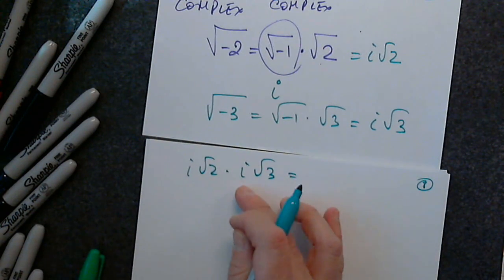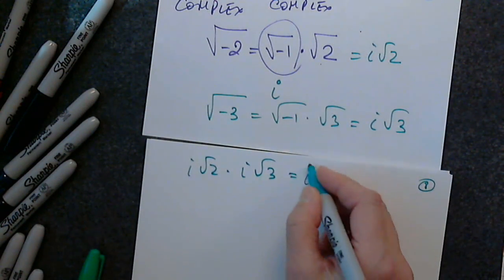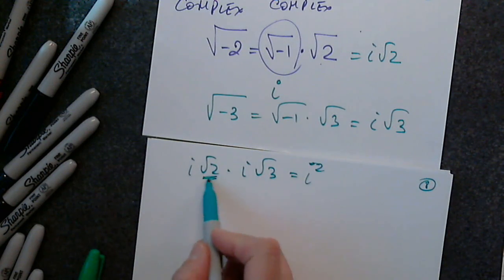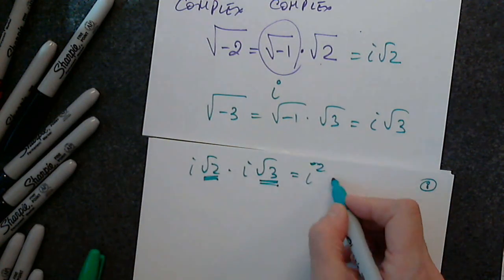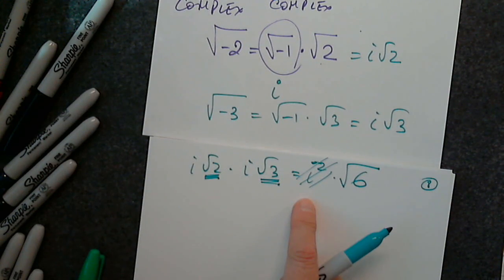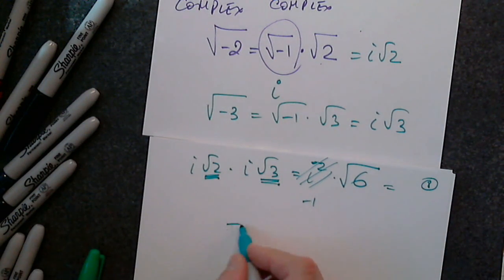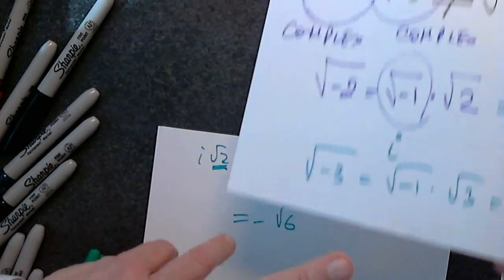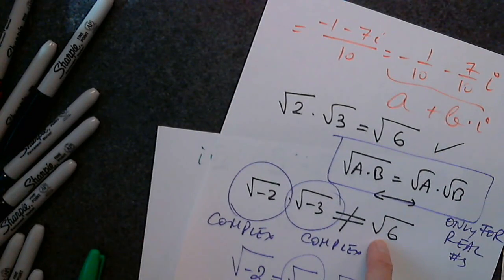How much is I times I? Very good. And now, because this is a real number and this is a real number, I can multiply them. What do I get? Yes, the square root of 6. But now how much is this? Indeed. So the answer is negative the square root of 6, not the square root of 6.